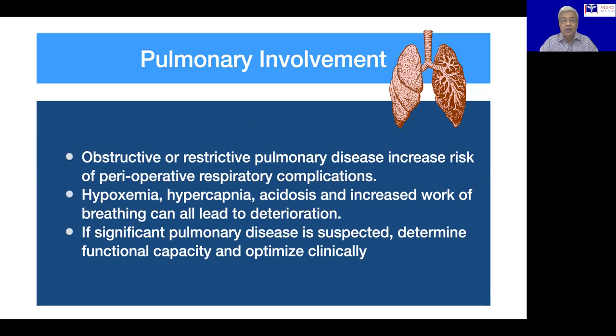Number 1, we should look for obstructive or restrictive pulmonary disease, because that disease increases the chances of perioperative respiratory complications in these patients. We should look for hypoxemia, hypercarbia, and acidosis, with an increased work of breathing, which will be there in case the patient has got pulmonary involvement, and this is likely to cause a lot of cardiac events in the perioperative period.